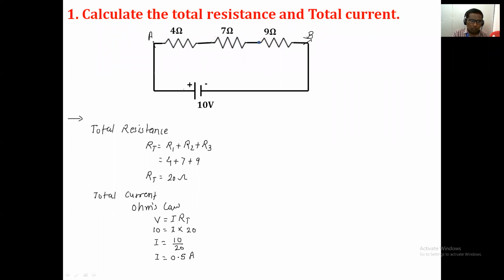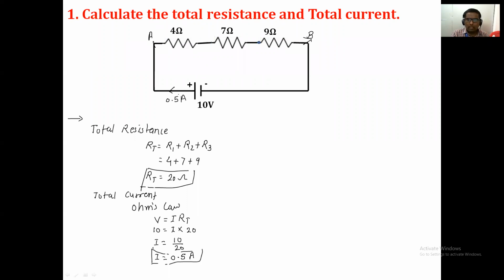Okay. Now, the two things that were asked, we have calculated. But after that, my point is, suppose from the positive terminal of the battery, 0.5 ampere current flows.